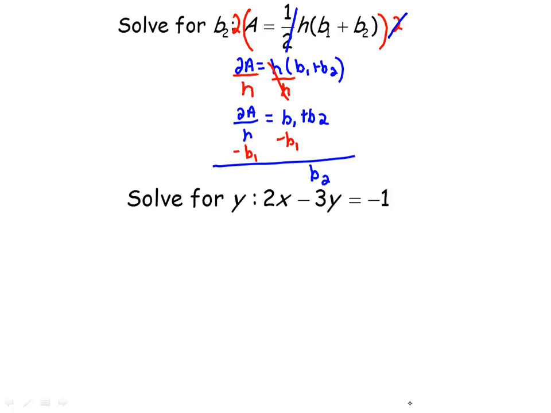Alright, if you're still working on this answer, you're being way over thoughtful. Because the answer is this. You have two terms on the left-hand side. You have this term and you have this term. And they're subtracted from each other. So your answer is going to be 2a over h minus b sub 1. And that's all you've got to write.